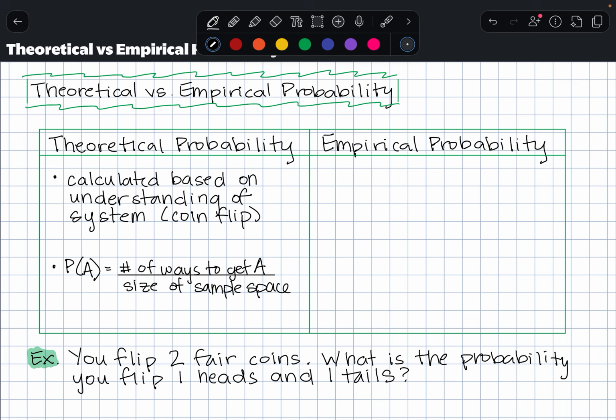If we go back to our flipping a coin example, it would be the number of ways to get tails, for example. And there's only two outcomes, heads and tails, so there's one way to get tails. There are two outcomes in my sample space, heads and tails, and 1/2 is 50%.